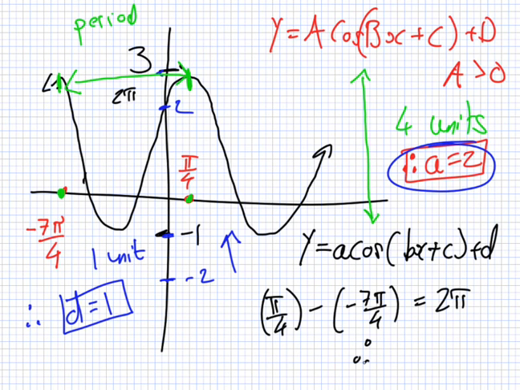So therefore B is what? 1. Period is 2 pi, it didn't change. And so the B is 1.